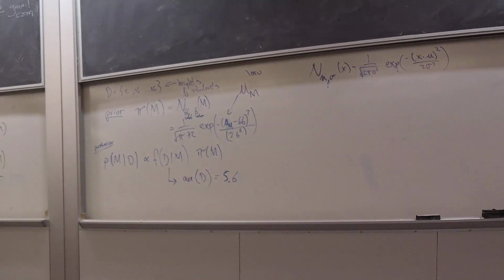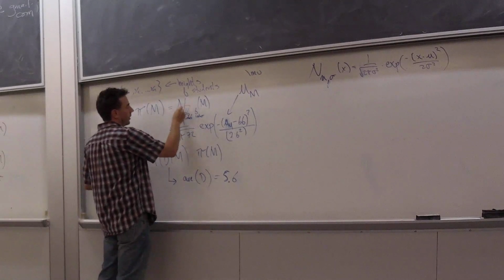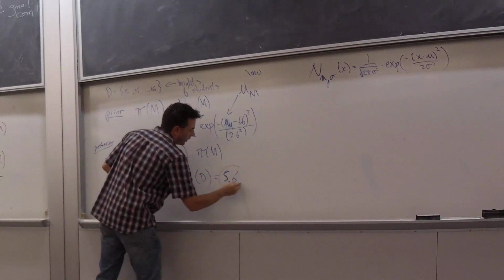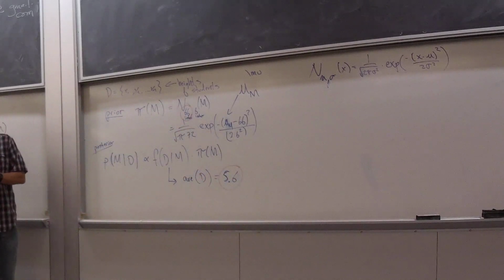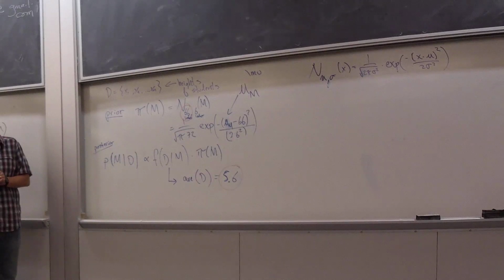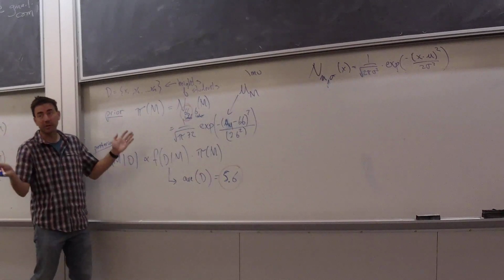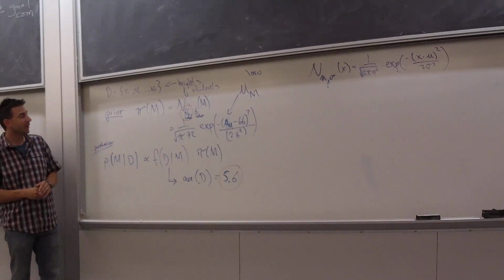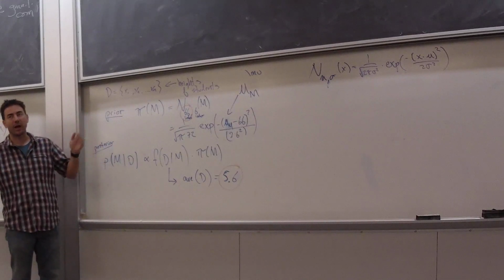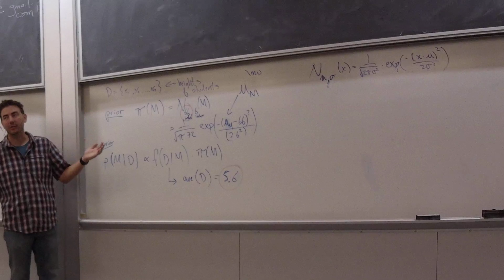What's strange here? You should check units possibly, because it doesn't really make sense that you're getting an average for your data set of 5.6 when your values need to be distributed around 66. So that seems to suggest you did one in inches and the other in feet. Yeah, that's right. So the first thing to do with the prior is to look at whether things are making sense.